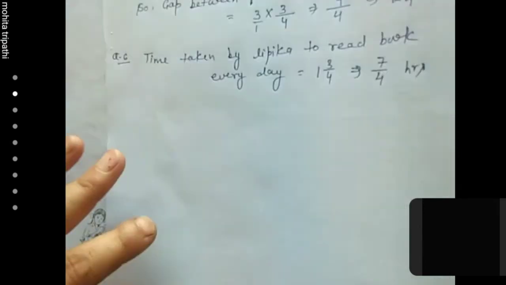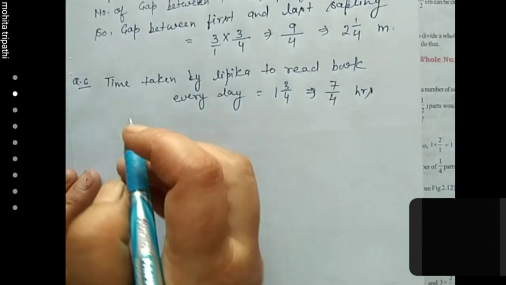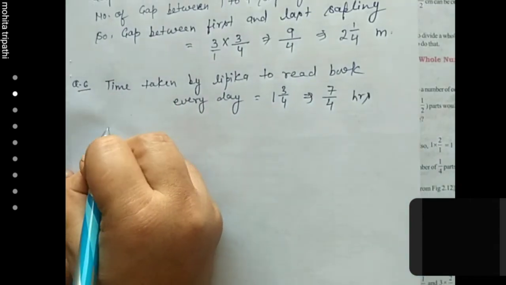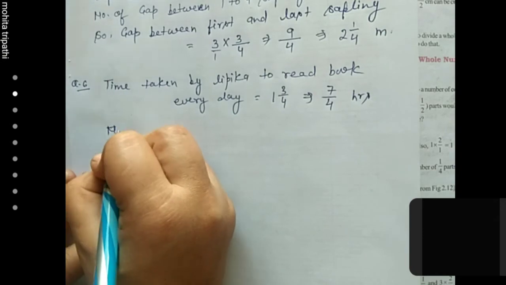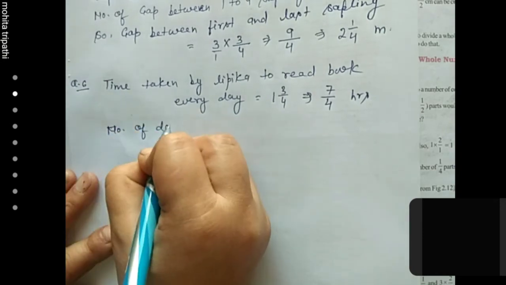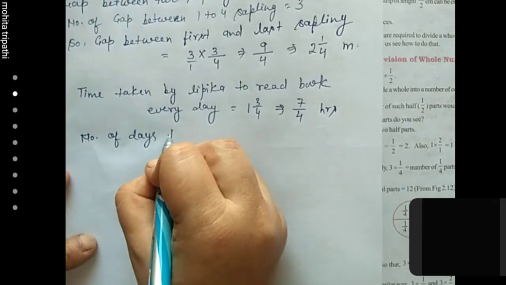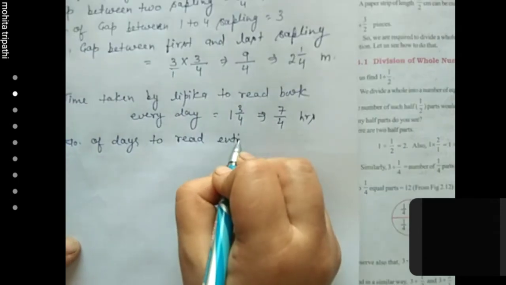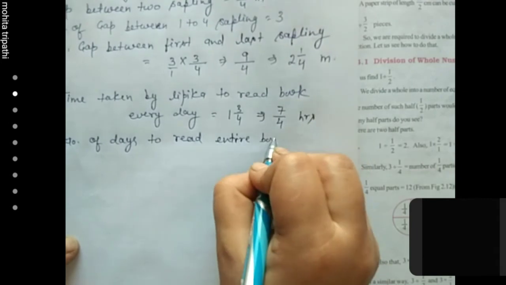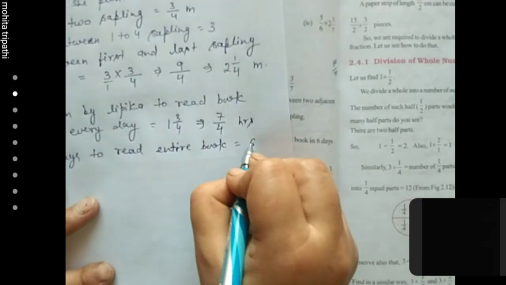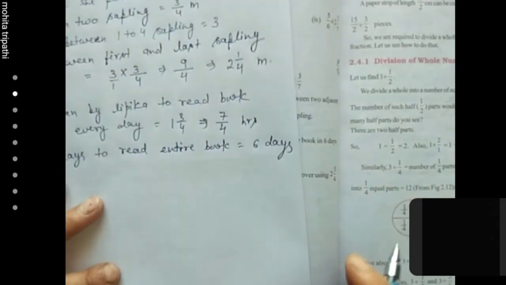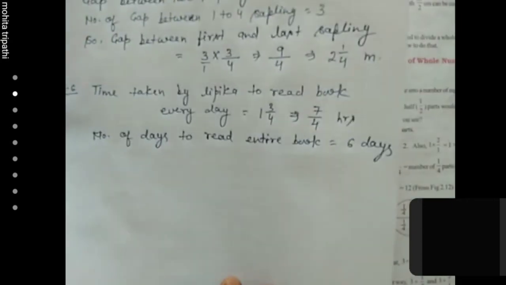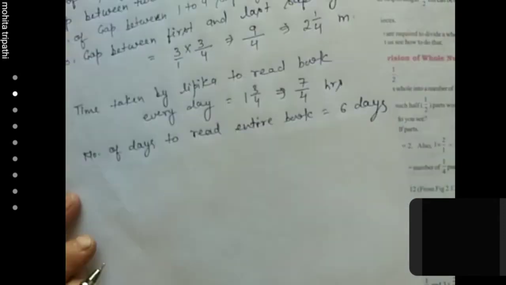She reads the entire book in 6 days. So the number of days to read the entire book is 6 days. Now the question is, in how many hours does she read the book?